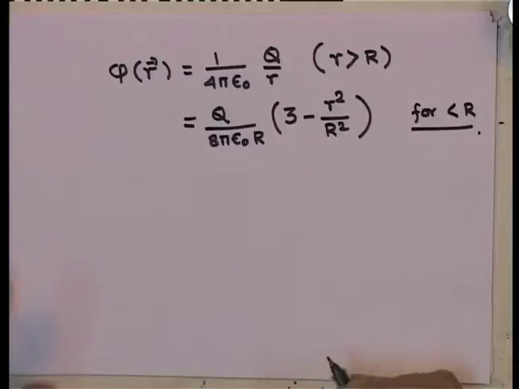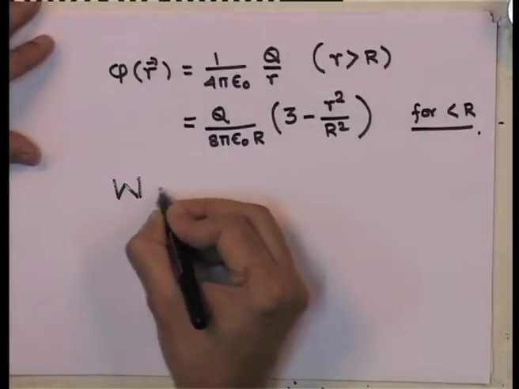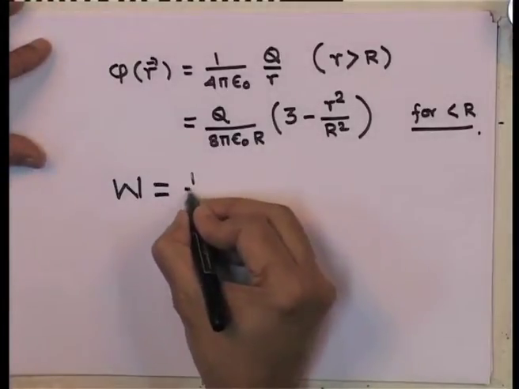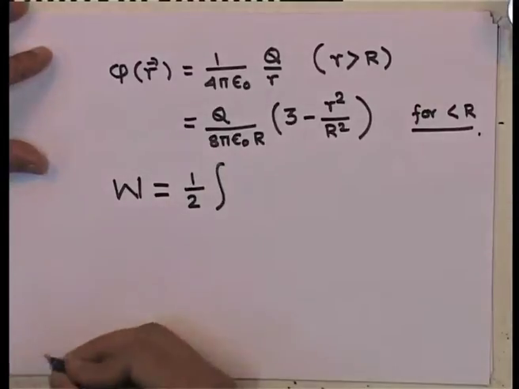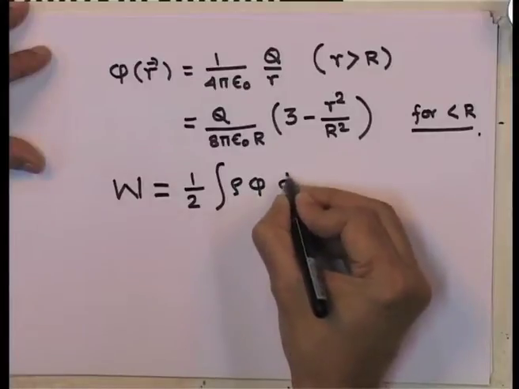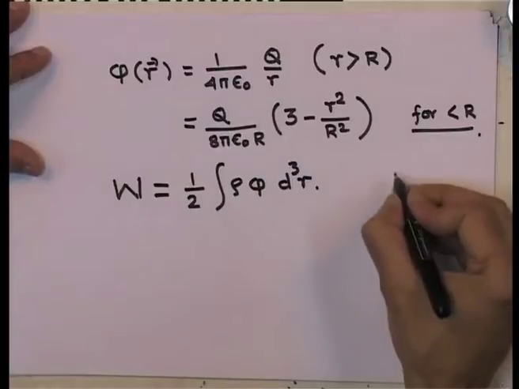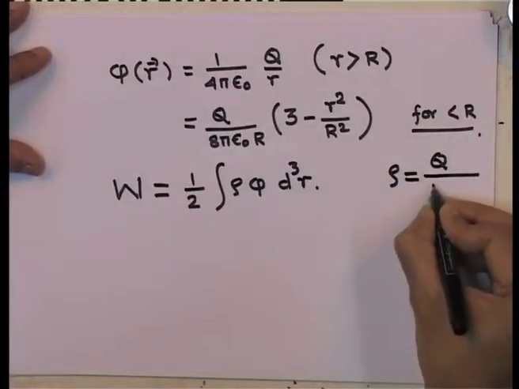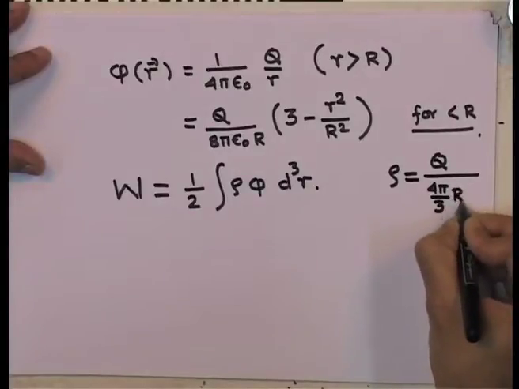In my method 1, I want to start with the calculation of the energy by my first definition, which was the integral over the volume of rho phi d tau bar. Of course, I know what is rho. Since it is a uniformly charged sphere, it is simply q divided by 4 pi by 3 R cube.